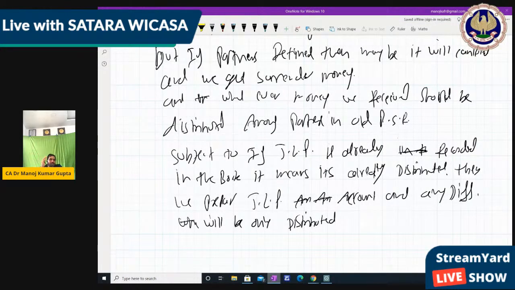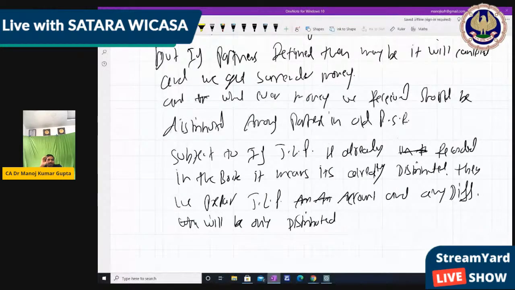If we have a joint life policy in our books, we make the joint life policy account and find the balance. Whatever balance there is will be distributed among partners. And if there is no joint life policy in the books, then the entire amount we receive will be distributed among partners.